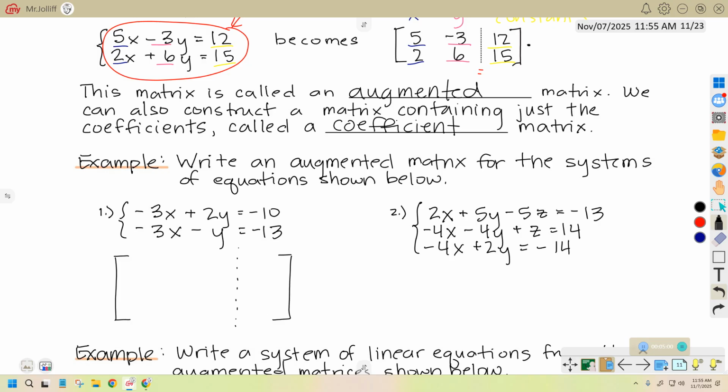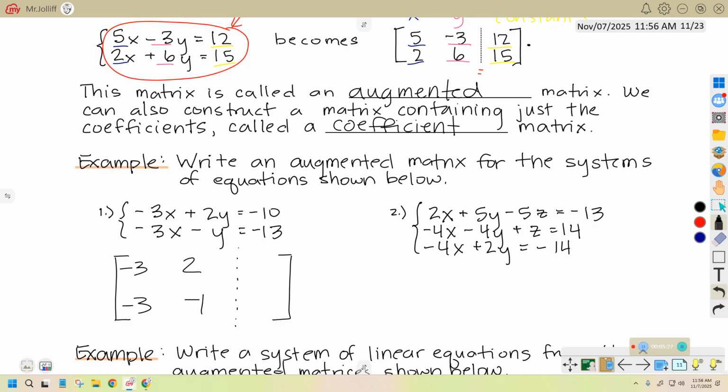And then I start. And you should always put the variables in the order that they show up in the alphabet. X, Y, Z, A, B, C. So this first column should represent the x's. What are the coefficients on my x's? -3 for both. Good. Next variable should be the y variable. What are the coefficients on my y's? 2 and -1.